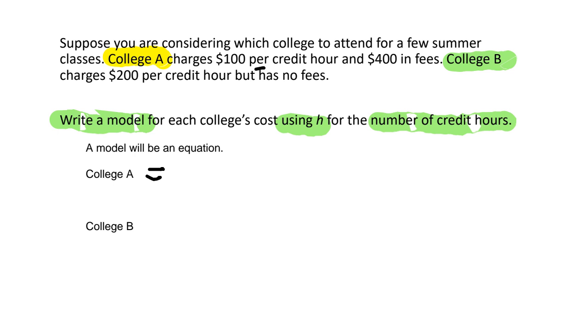So that means 100 times H and means add $400 in fees.